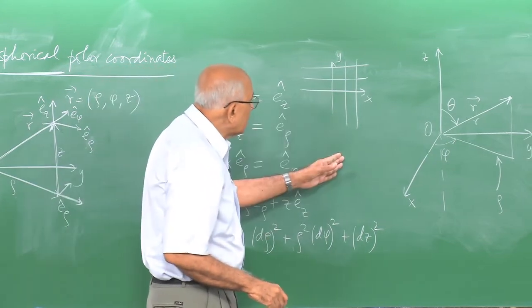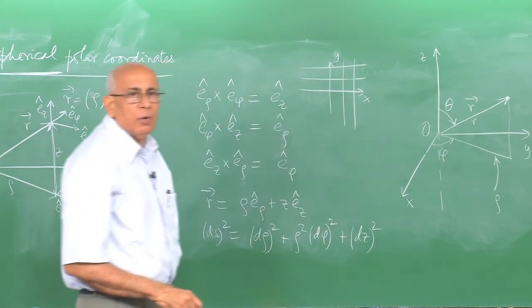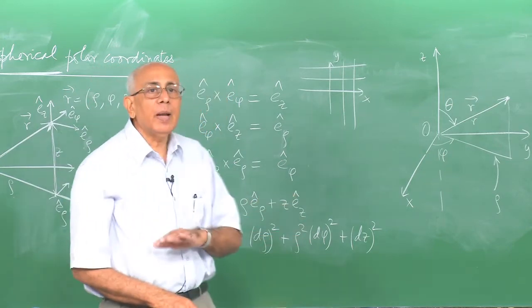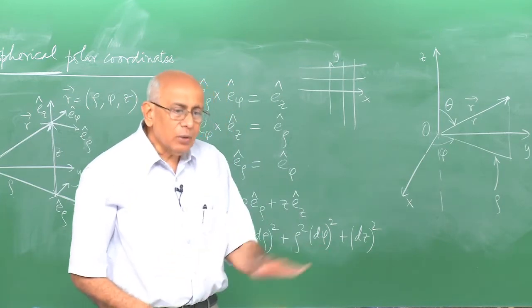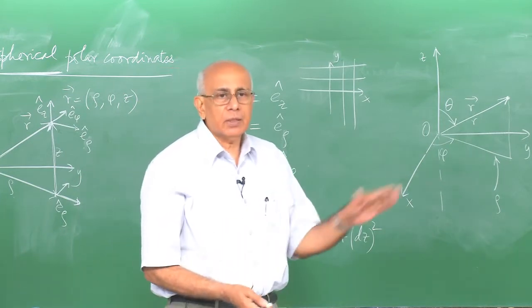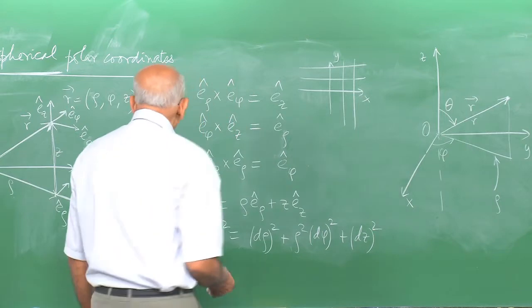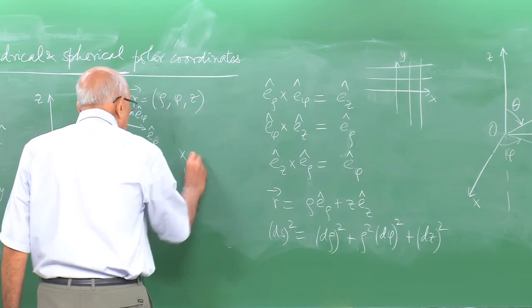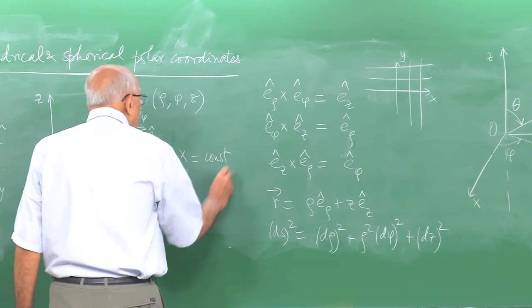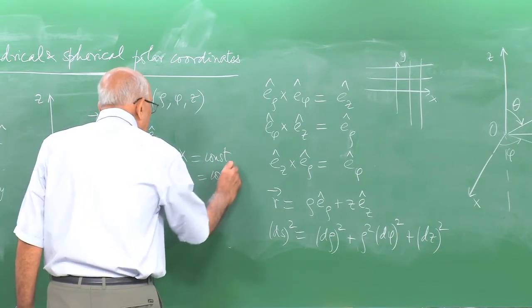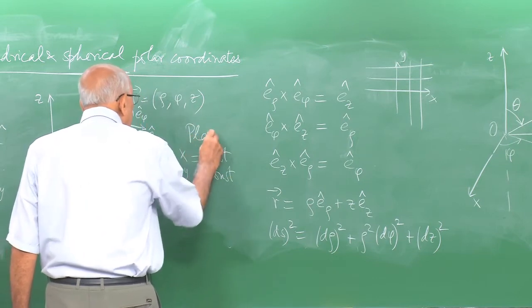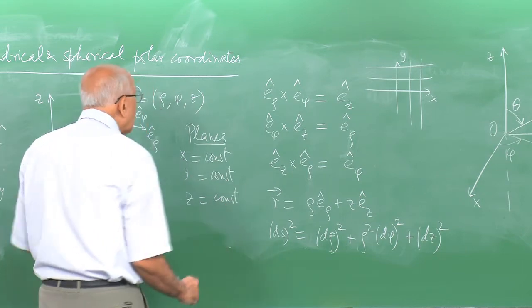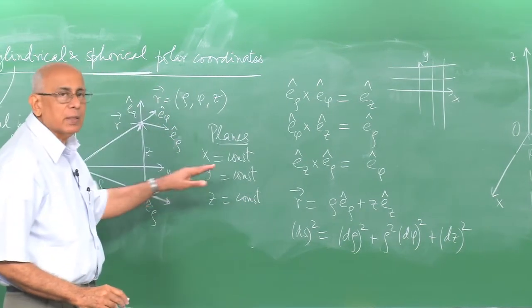So these are lines parallel to one of the two axes, and they form a grid.